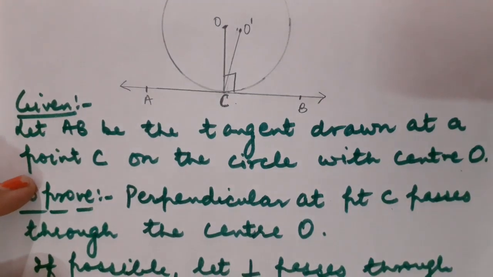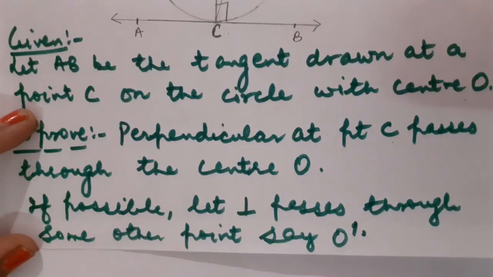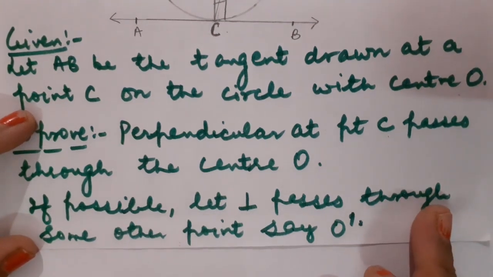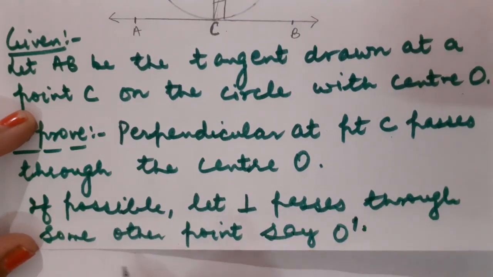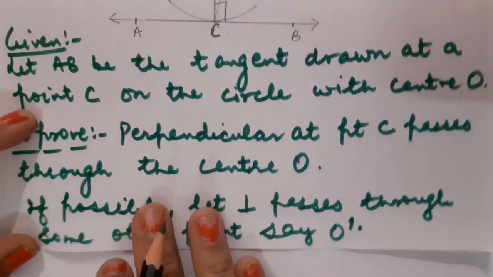Correct, children? So children, this question I am going to prove through contradiction. Basically I am going to assume something, and ultimately I will prove that whatever was my assumption has been proved wrong. Okay. So what I am going to do, children? If possible, let the perpendicular pass through some other point, let it be O dash.